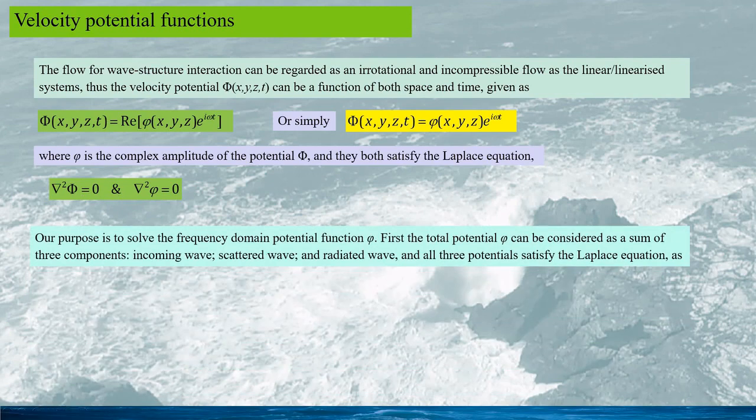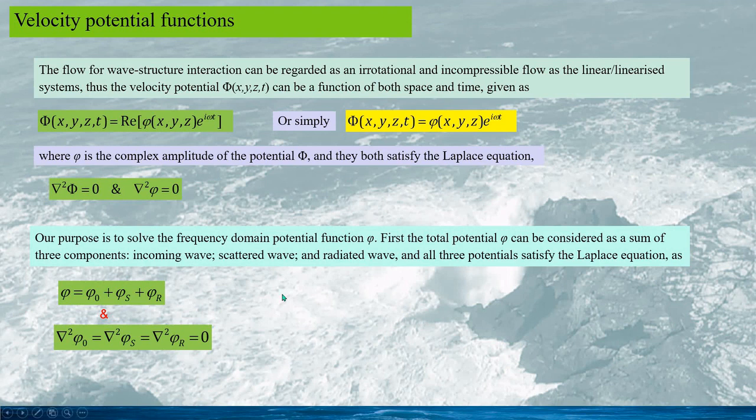Our purpose for the boundary element method is to solve the potential function phi, which is a frequency domain function. For simplifying the potential problem for the marine structure, and for a better physical understanding, we can separate the potential into 3 parts.